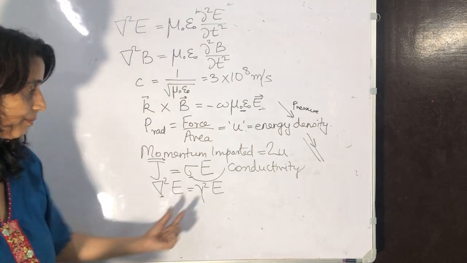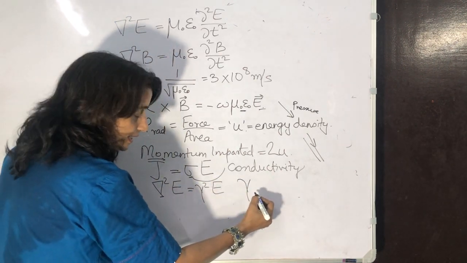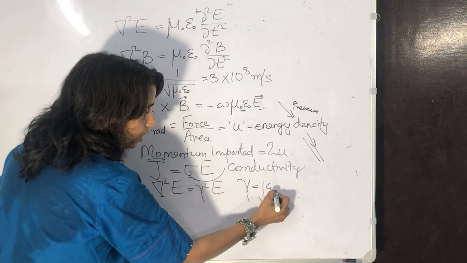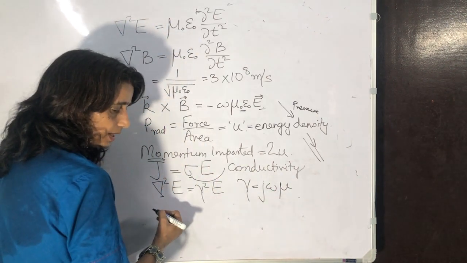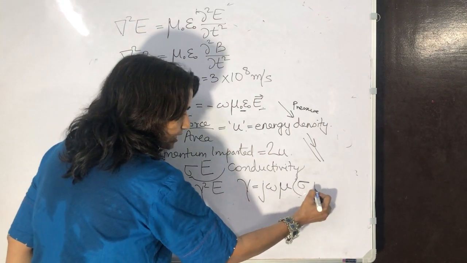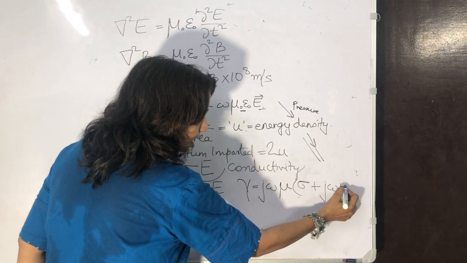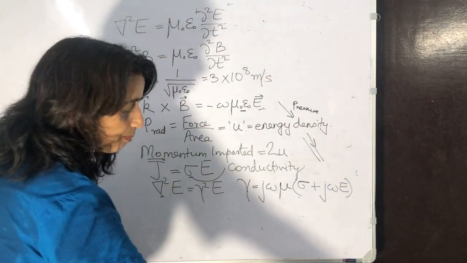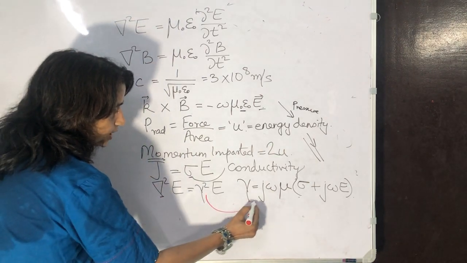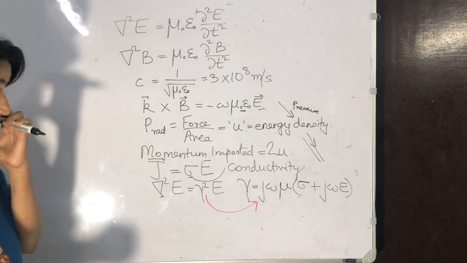This gamma is a complex number, and because the wave is moving in all three dimensions, we have to take the complex number. So it is square root of j omega mu times sigma plus j omega epsilon. I will tell you the symbols here. Gamma is a complex number which shows that electromagnetic waves travel as a complex function.